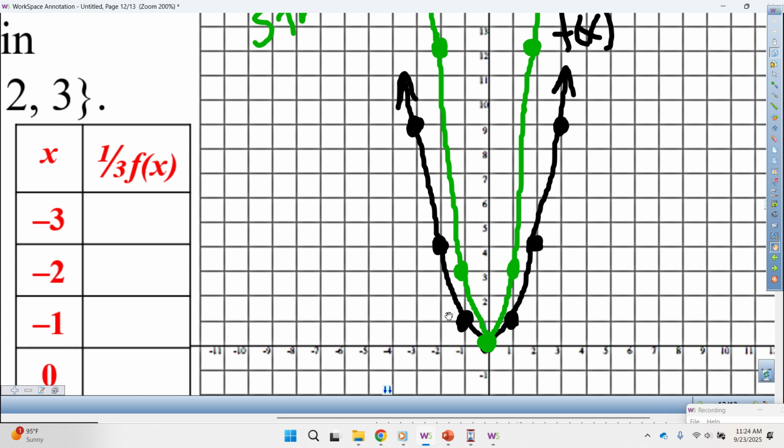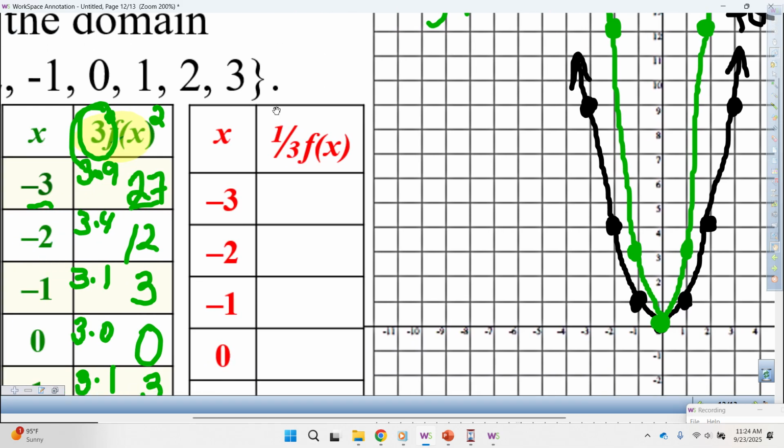These 2 points are negative 2, 4 and 2, 4. What did the new points become? Negative 2, 12 and 2, 12. They were at 4 and they went to 12 because the parameter was times 3.